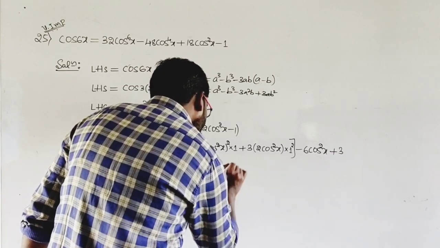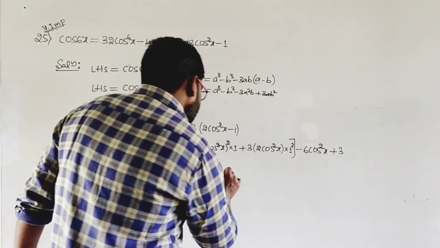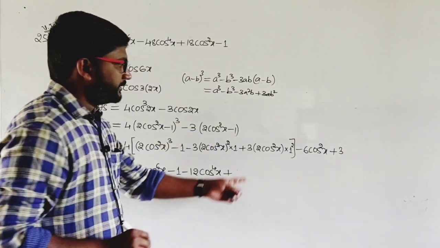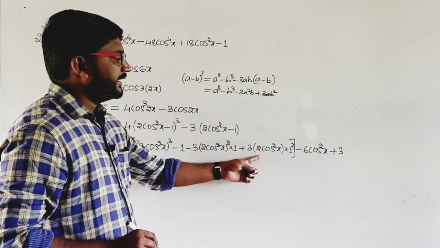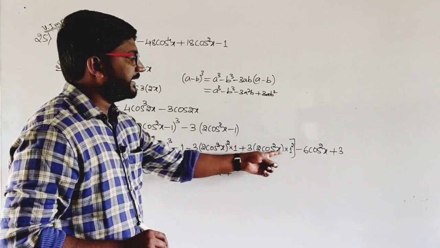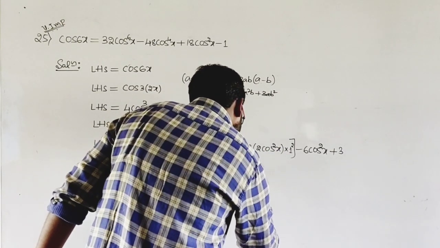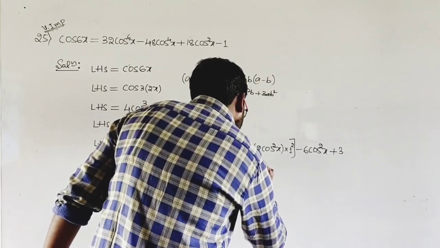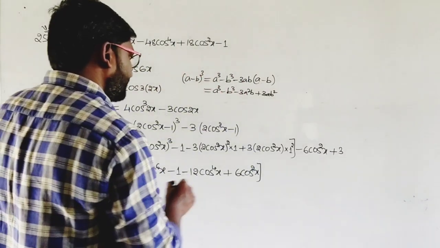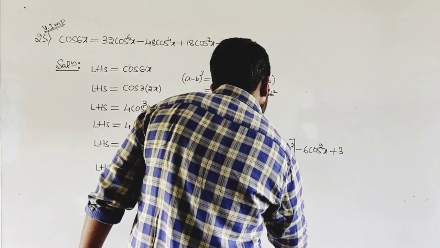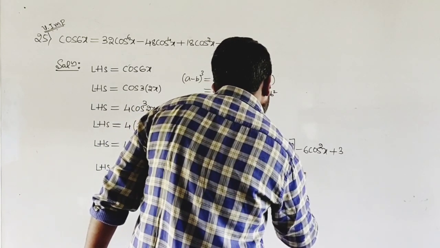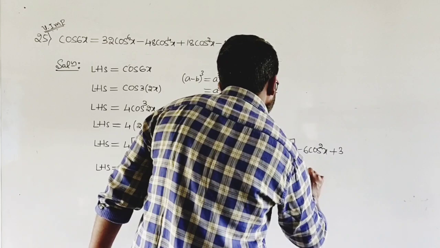Then plus 3 into 2 is 6. 6 cos square x into 1 will be 6 cos square x itself. Then close the square bracket. Then minus 6 cos square x plus 3.